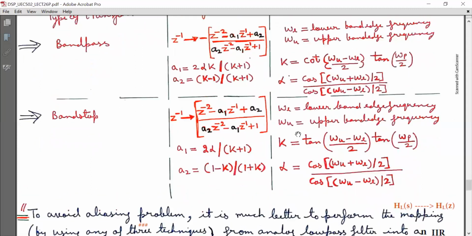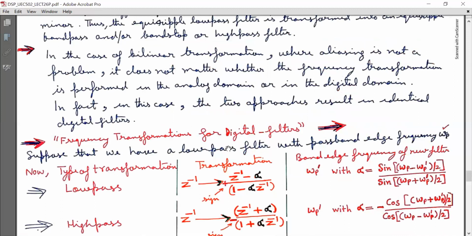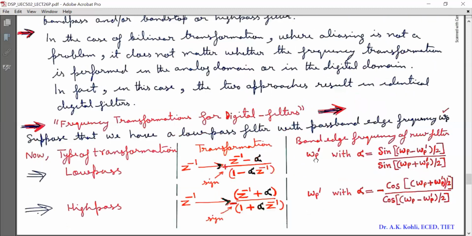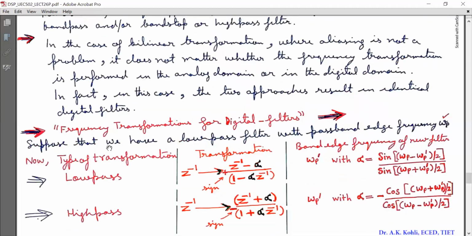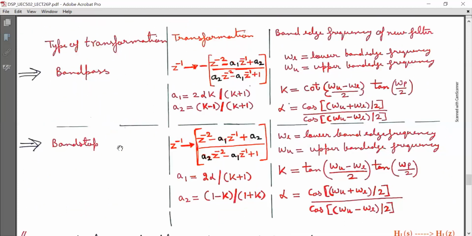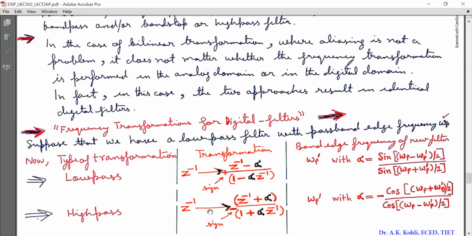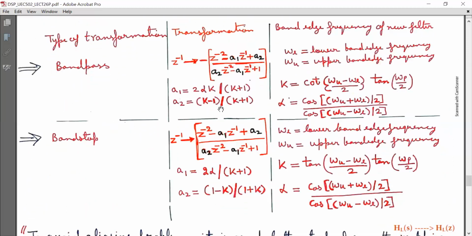Now in this way, I can convert a low pass filter in digital low pass filter with pass band edge frequency omega p to any of these 4 filters, either low pass filter, high pass filter, band pass filter, or desired band stop filter, by using these respective transformations.